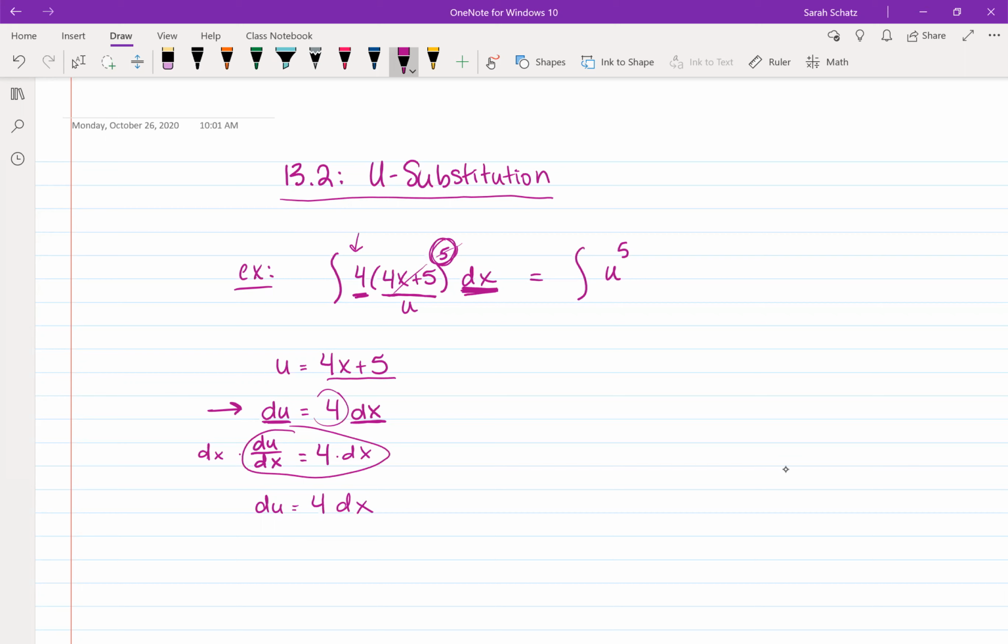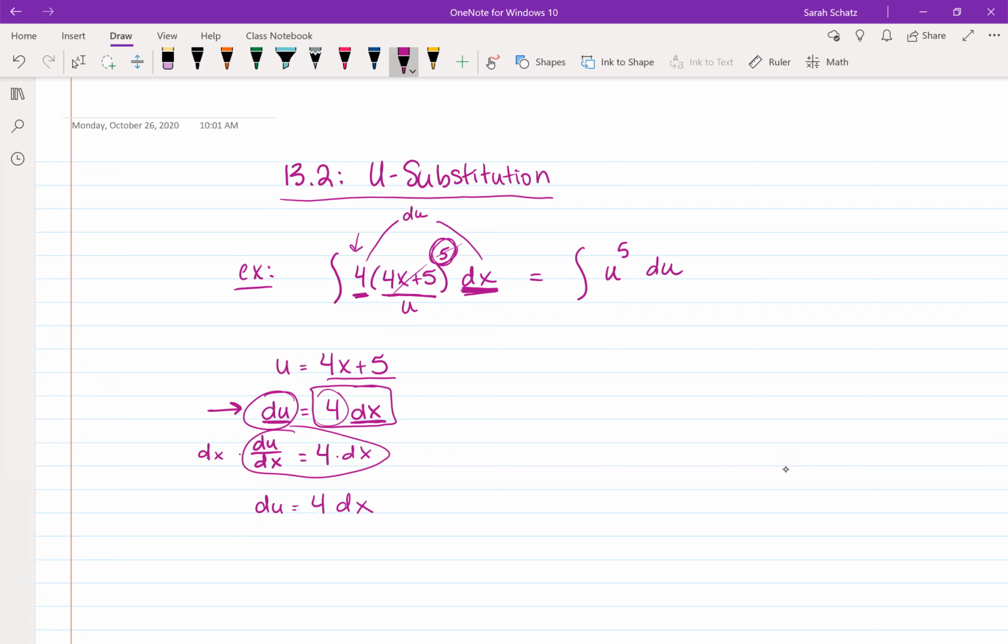But 4 dx, isn't that what I got for du? So what is this going to manifest as in the u term? That 4 dx is just the du part. So I can rewrite this as u to the 5th du.